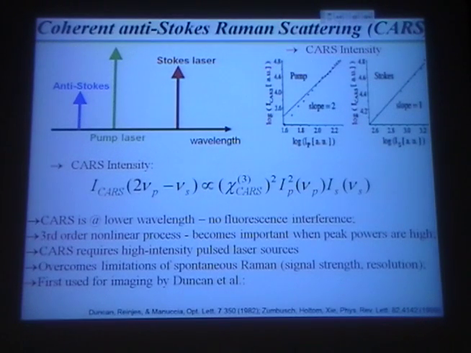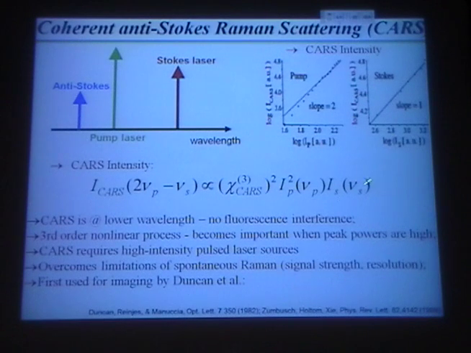So, as I already mentioned, coherent anti-Stokes Raman scattering is a third-order nonlinear process. It depends linearly on the intensity of Stokes light, but quadratically on the intensity of pump probe excitation light.